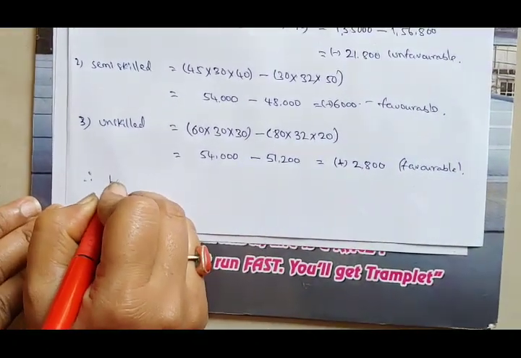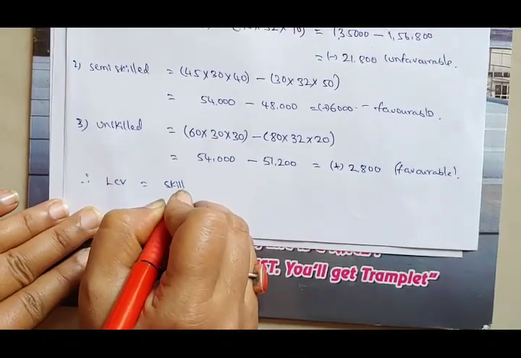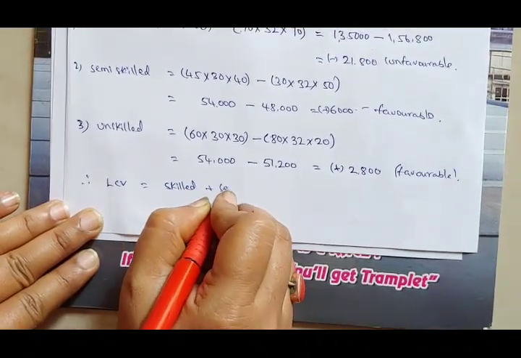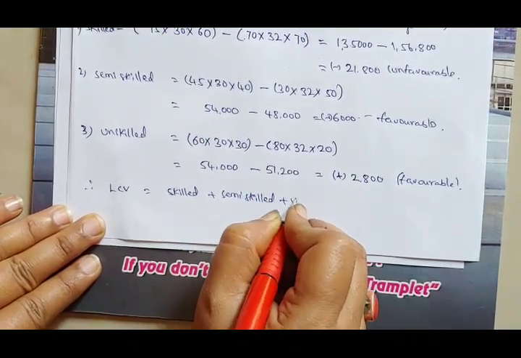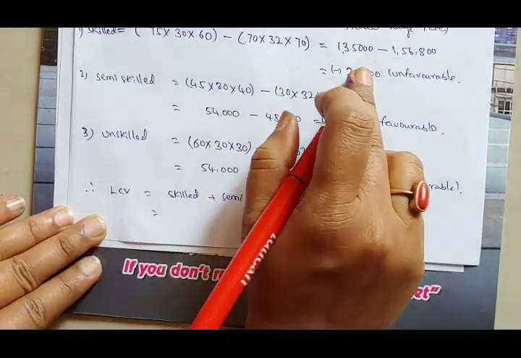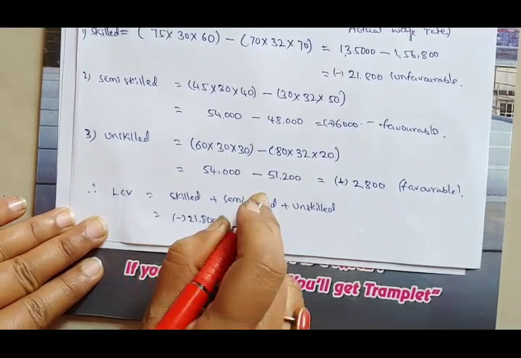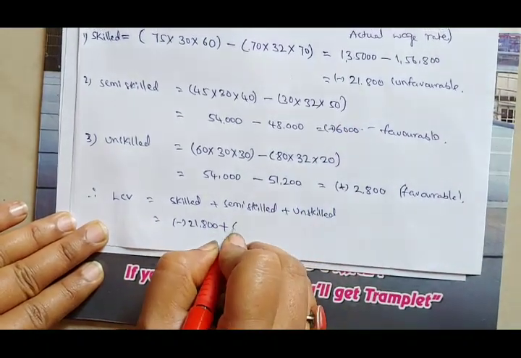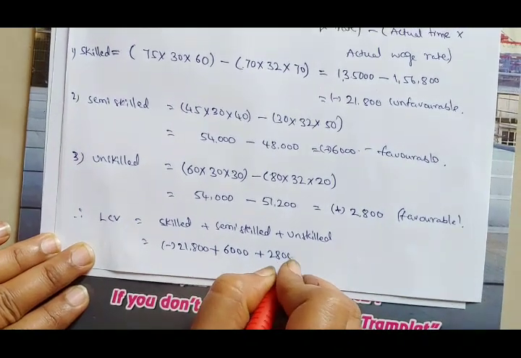Therefore, labor cost variance is equal to skilled plus semi-skilled plus unskilled. Skilled is minus 21,800, plus semi-skilled, which is favorable, plus 6,000, plus unskilled plus 2,800.